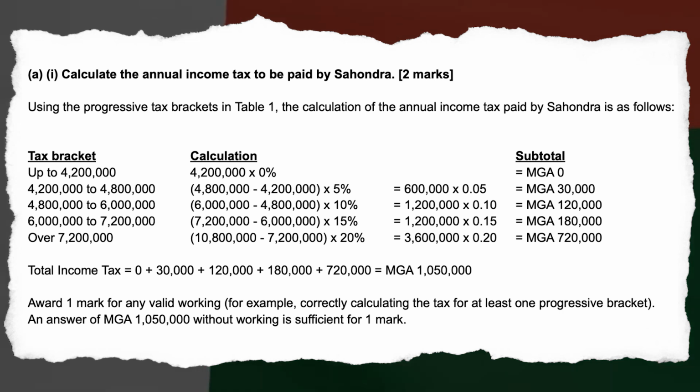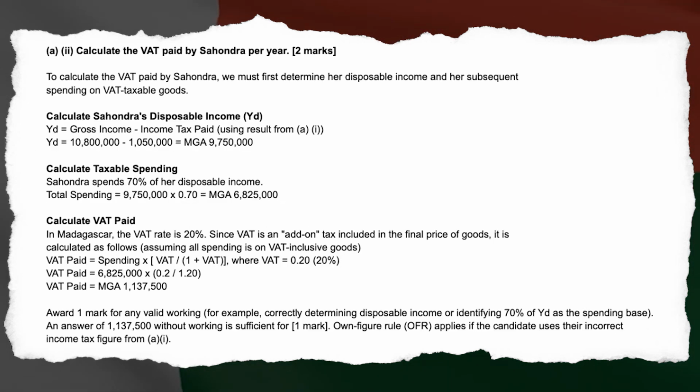Award 1 mark for any valid working, for example, correctly calculating the tax for at least one progressive bracket. An answer of MGA 1,050,000 without working is sufficient for 1 mark.